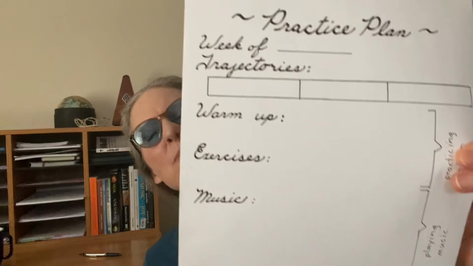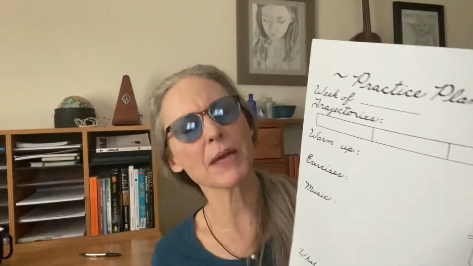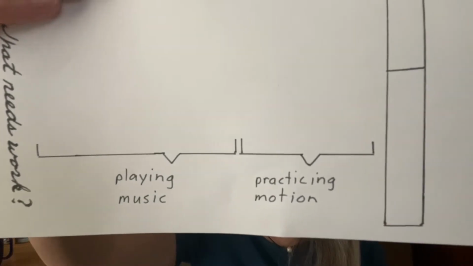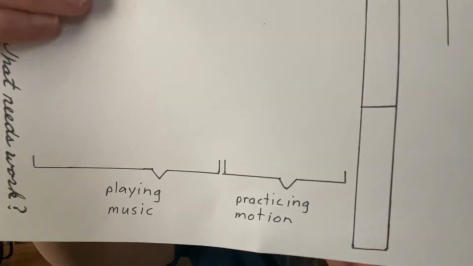And then the third one is how to plan practice that works most efficiently for you, how to get the farthest, fastest with the limited amount of time you have to practice. So we'll be looking at, this will be available to you, a practice plan paper. We talk about how playing music is different than practicing motion. And in order to play music, we have to practice motion.